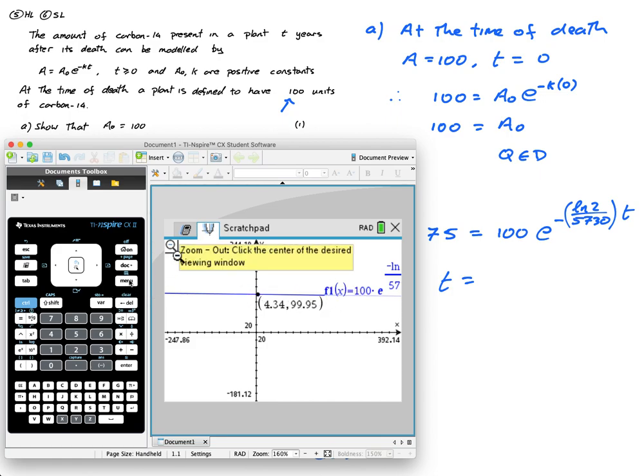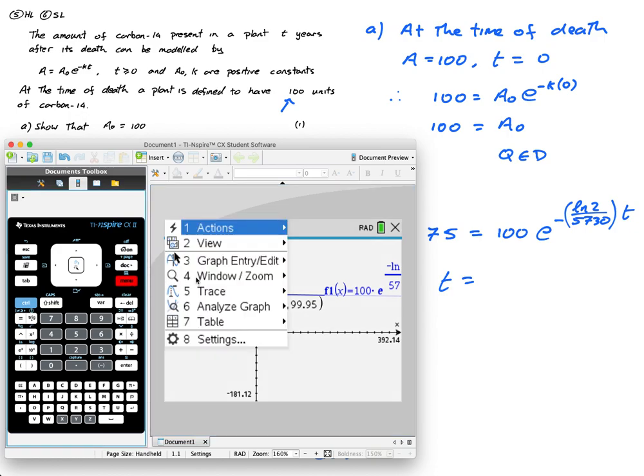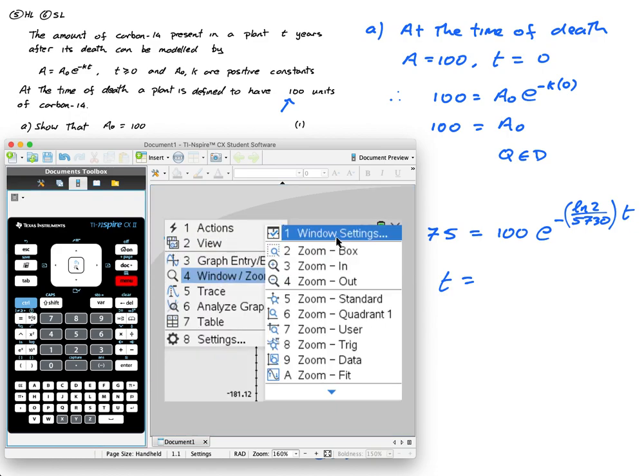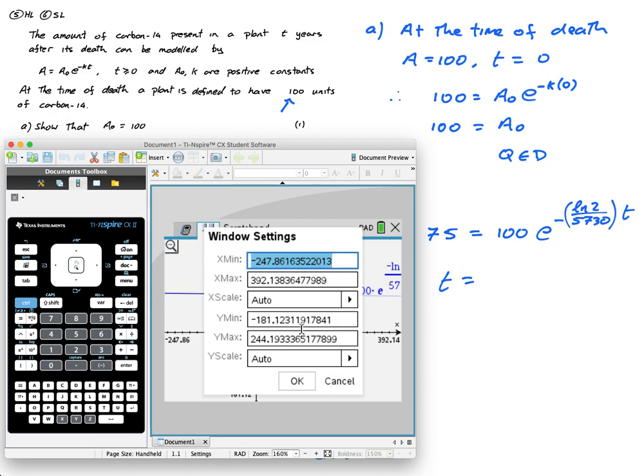So what I'm actually going to do is use the window zoom, change the settings, and change my x. I know it's going to be less than 5,730, because that's half, when there's 50 units left. So let's go with 6,000 just to be sure.